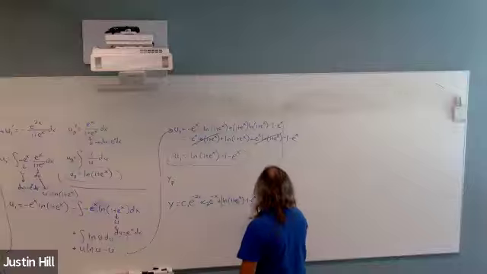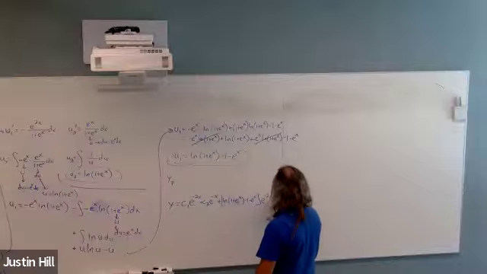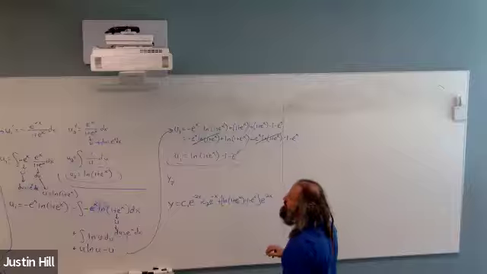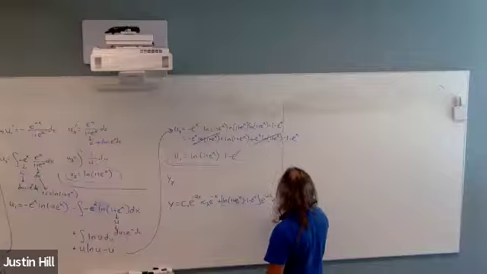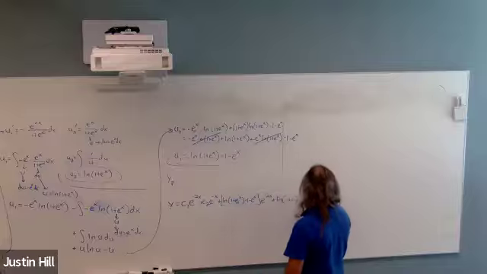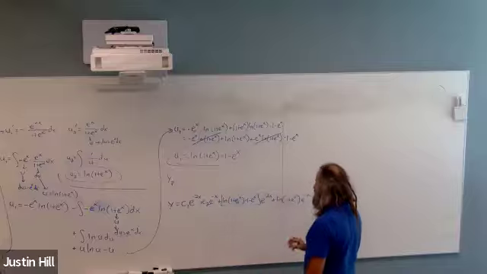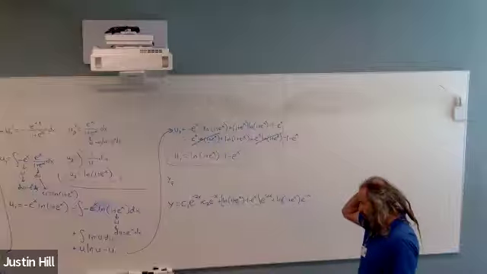This all is being multiplied by e to the negative 2x. Then plus just natural log of 1 plus e to the x times e to the negative x. That's going to be your overall solution.